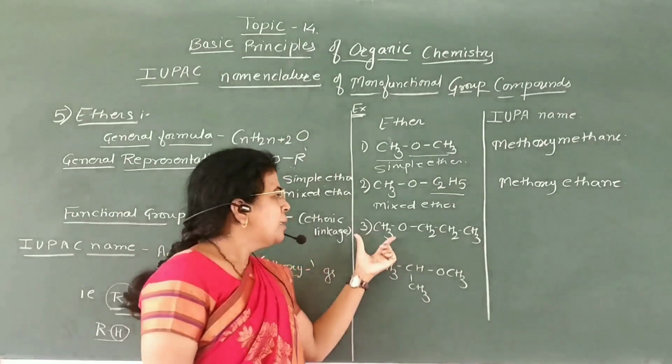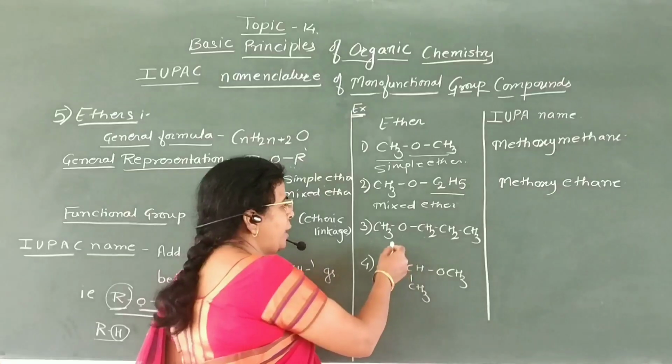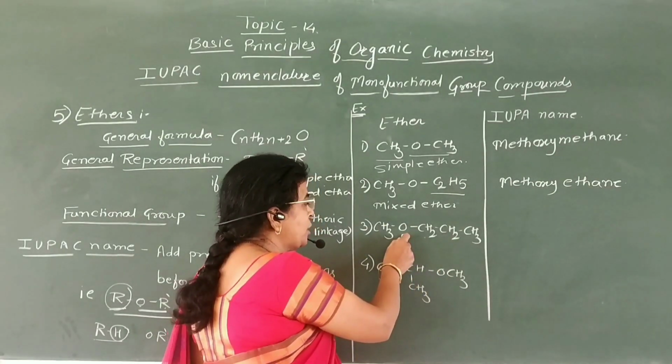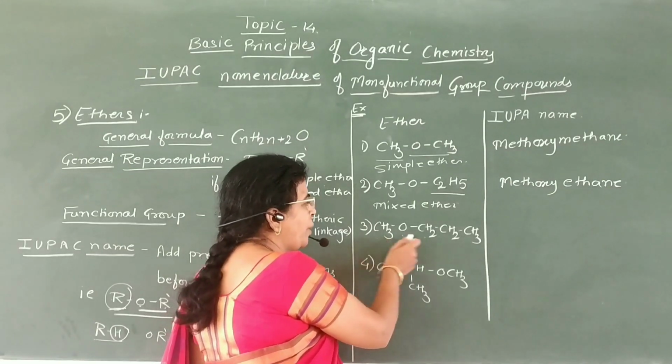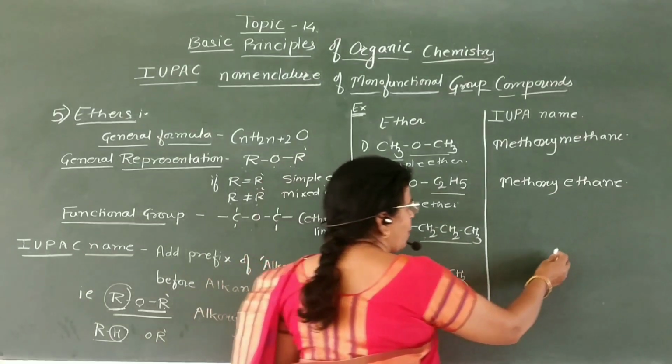Third example, CH3-O-CH2-CH2-CH3. Here it is also an example of a mixed ether. The oxygen atom is bonded to the CH3 group and the CH2CH2CH3 group. Then the parent alkane becomes propane.